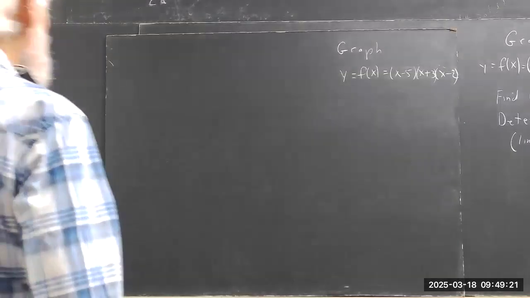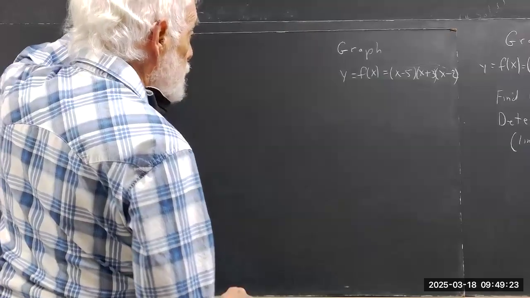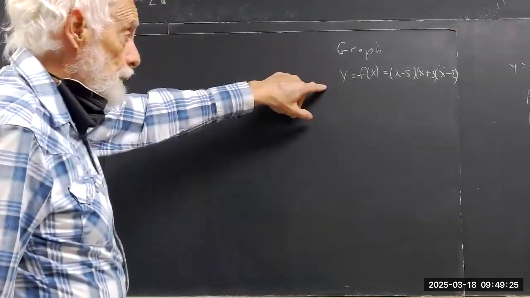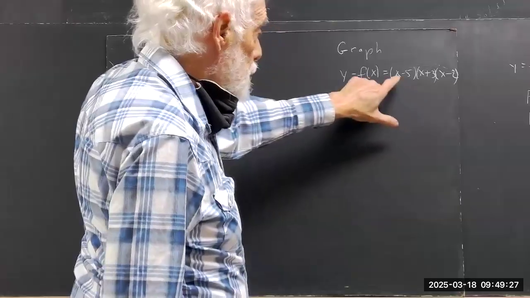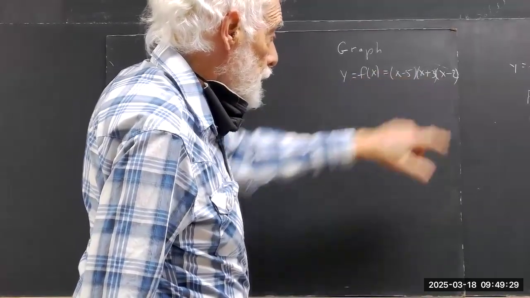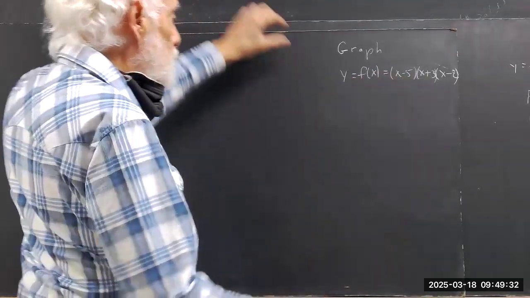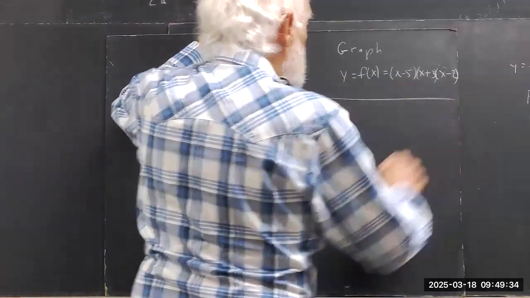And so the problem is the graph, our quiz problem, the graph. This function reads (x - 5)(x + 3)(x - 2). So what do we do when we see something like this?